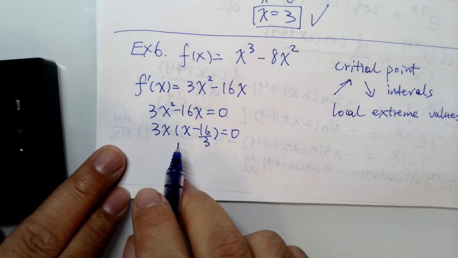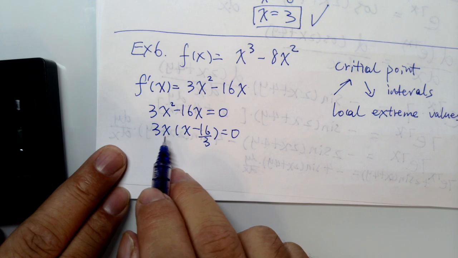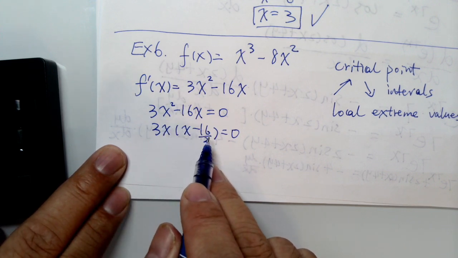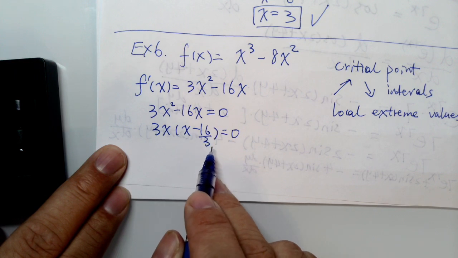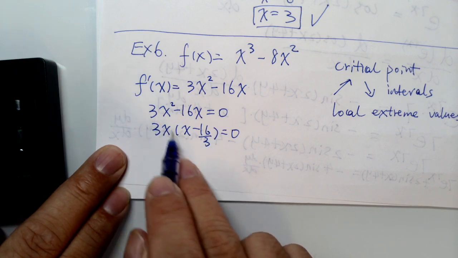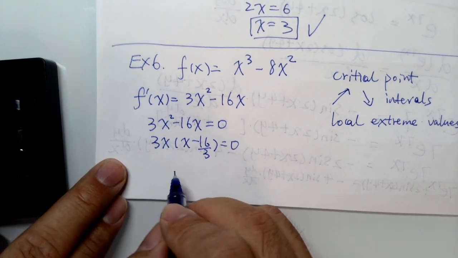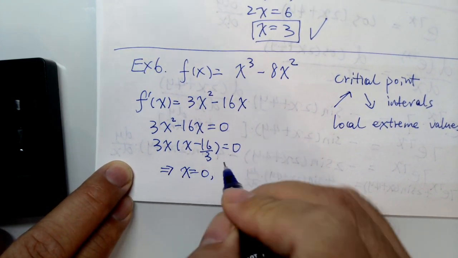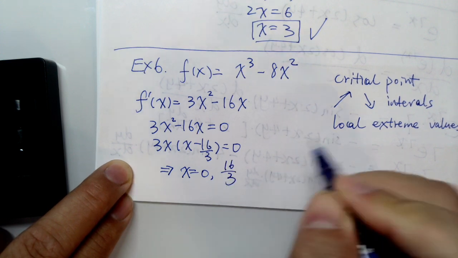If you factor 3x out, you're going to have x left, but in the second part you're going to have 16 over 3, because you are factoring 3x out. So that gives you x equals 0 and 16 over 3.